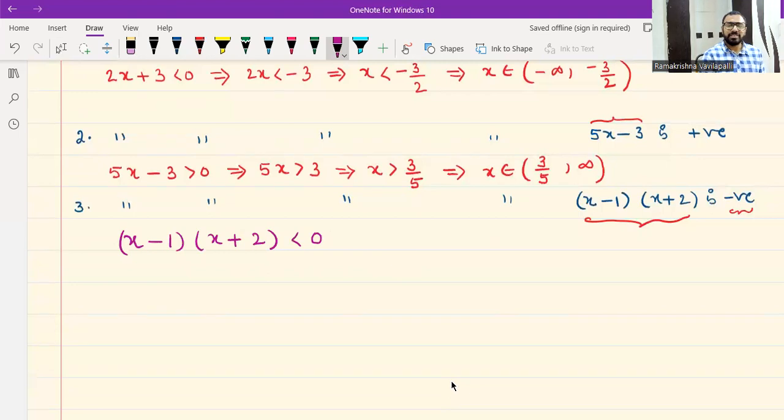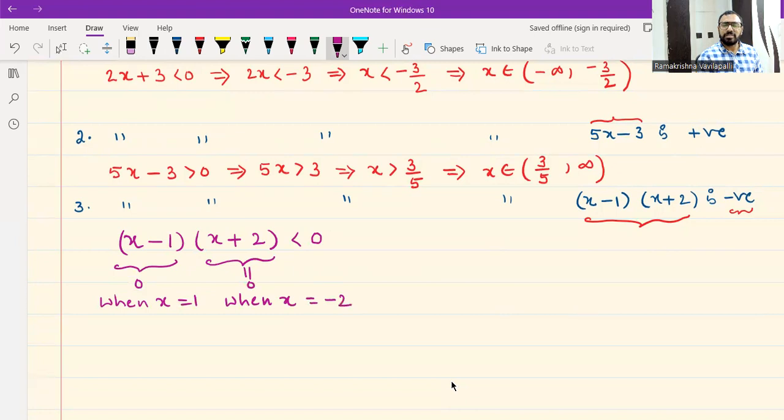Well, see, this is the product of two linear factors. The first factor is 0 when x equals 1. The second factor is 0 when x equals minus 2.